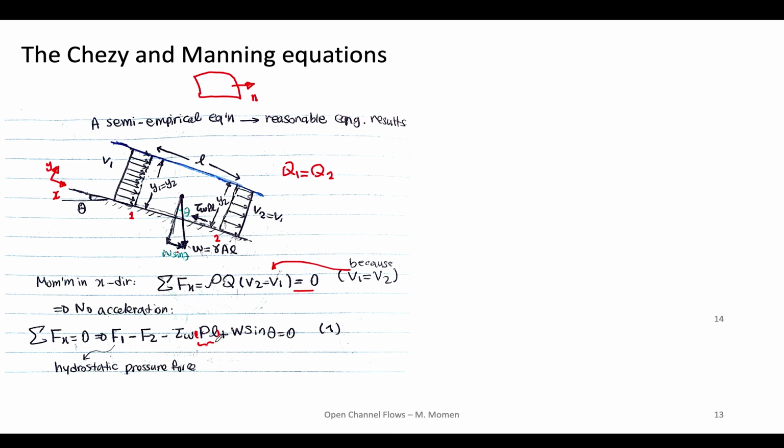This is the wetted area, plus we also have this component from the weight of the fluid, which is W sine theta. Okay, so this equals 0, and these two are hydrostatic pressure forces, and this one is the viscous force.